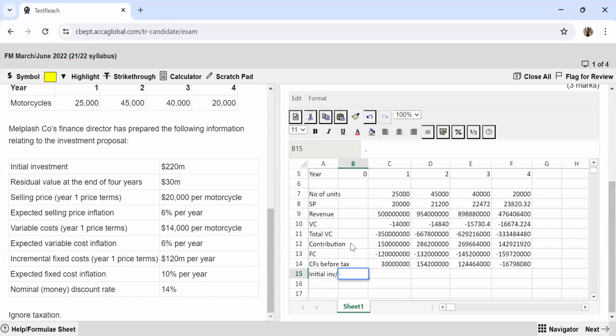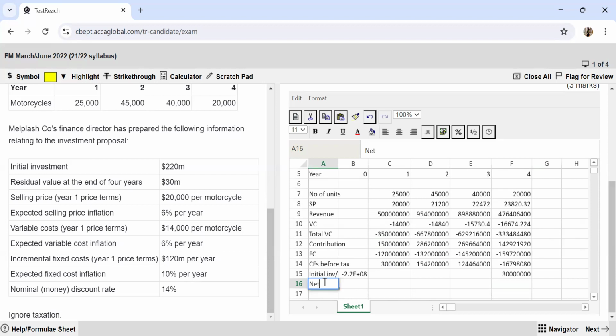So I'm going to put a minus 220 million here. And then eventually in the last year, I'm going to sell whatever is left in the machinery or whatever I'm acquiring the project. So the value that I get at the end is $30 million. So this is money coming in. Hence, I show it as a positive inflow. So this is 30 million right over here.